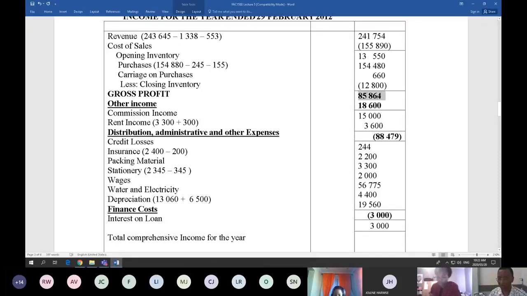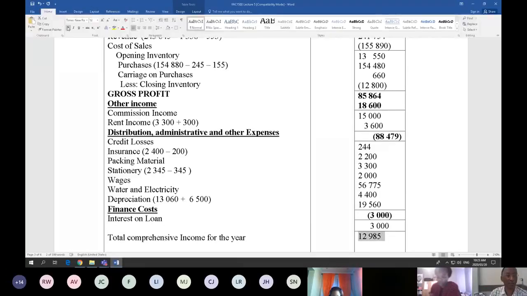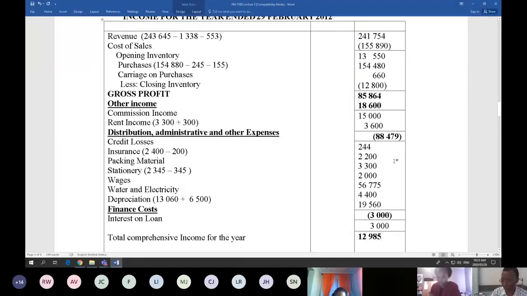It is the gross profit of 85,864 plus your other income of 18,600 minus your distribution, administrative and other expenses of 88,479 minus your finance cost of 3,000 Rand, and that will give you a total comprehensive income for the year of 12,985. 12,985, guys, and that is our solution to the statement of profit and loss and other comprehensive income.